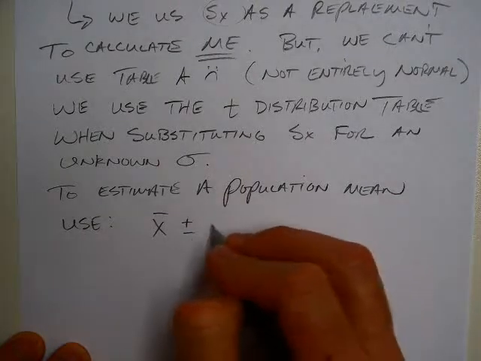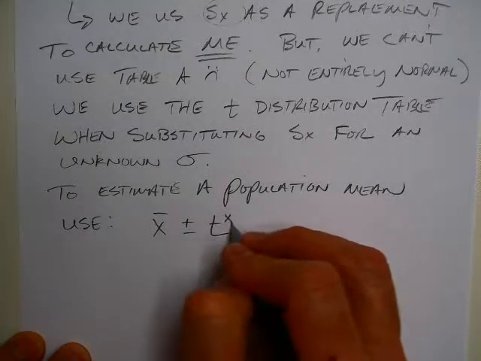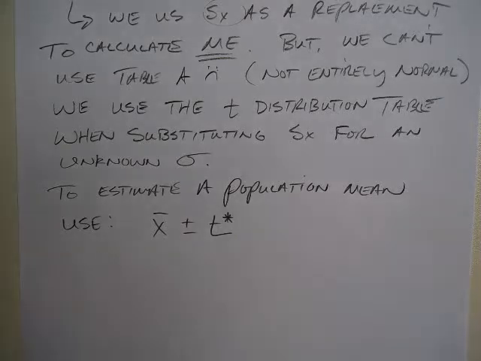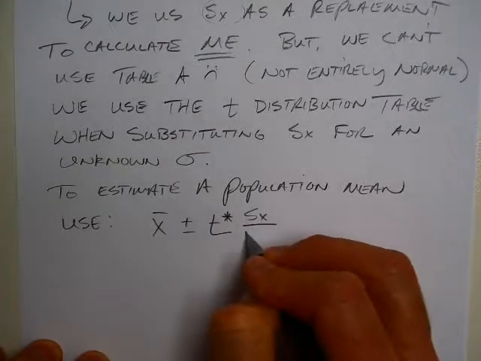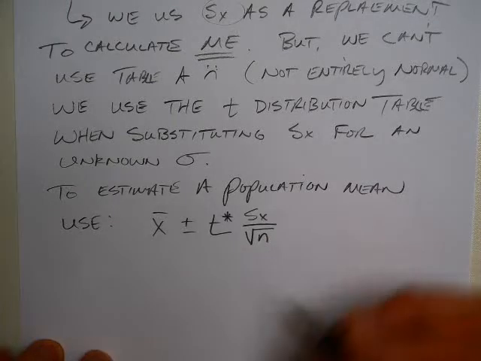Plus or minus, this is a new one, t star. So this is the value that we take off the t-distribution table. And the star indicates that it's going to be the plus or minus, at least that's how I see it. Otherwise, it's just t. Times Sx over the square root of n.